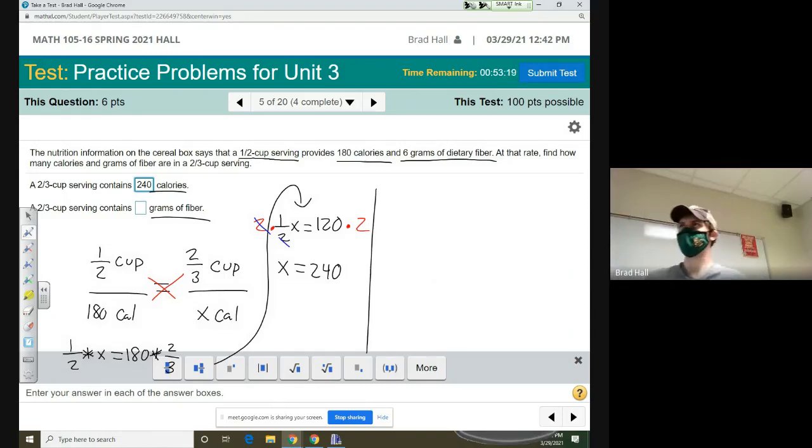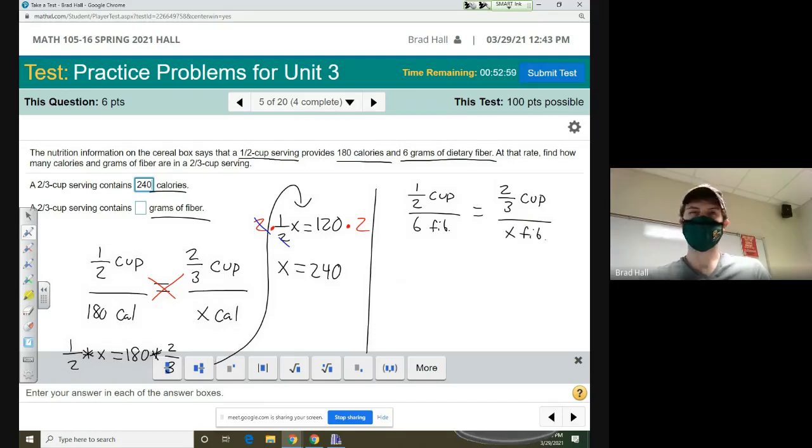So it's a fairly menial proportion problem. And we can do the same thing for grams of fiber. Half a cup corresponds to 6 grams of fiber. About 2/3. It's pretty much the same problem, just there's a 6 in the denominator instead of a 180.